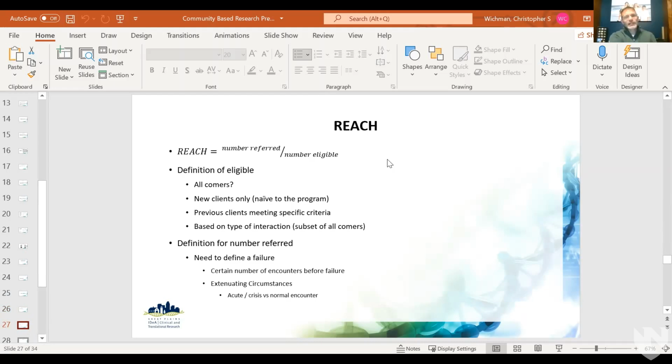So reach is defined generically as the number that are referred, quote unquote, to some program over the number that were eligible to be referred. The problem here lies in how do we define eligible? This has been difficult in every program that I've been involved with, trying to come up with a common definition we can all agree on that would be legitimate to say, yes, this is an eligible person.